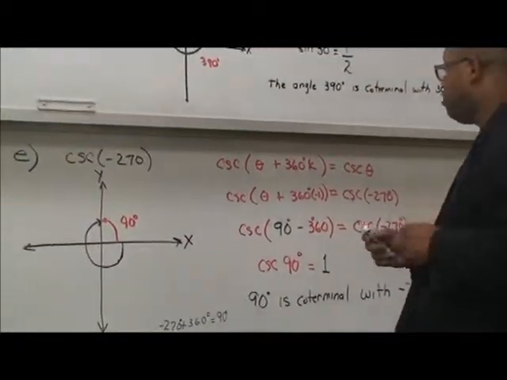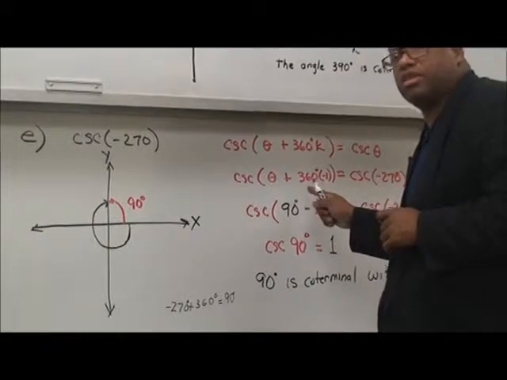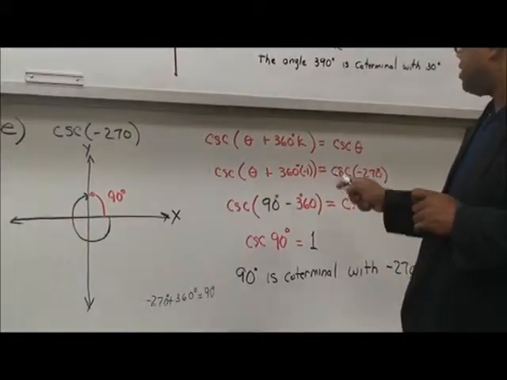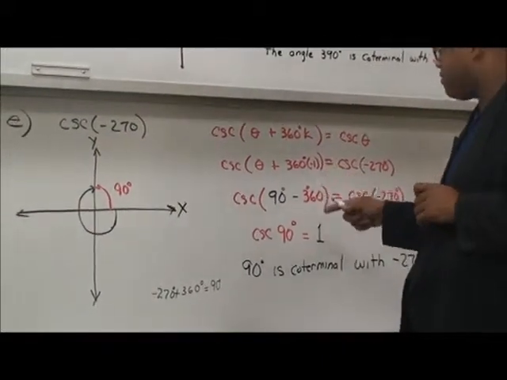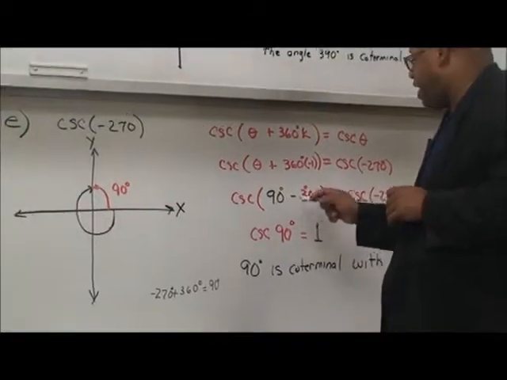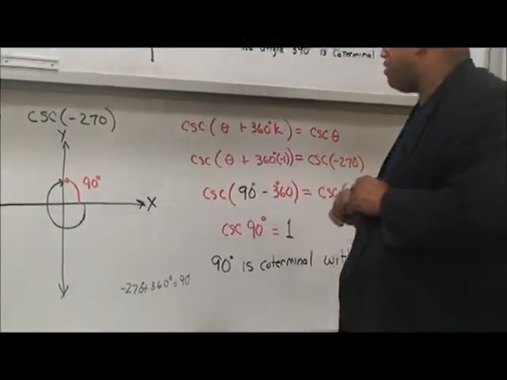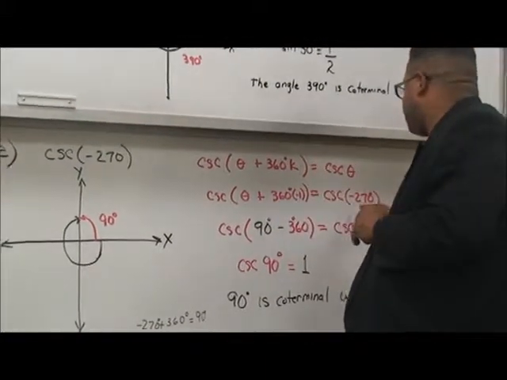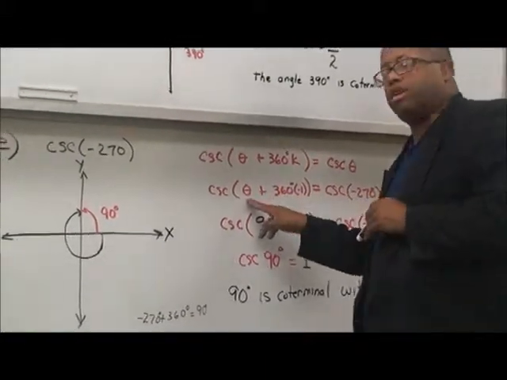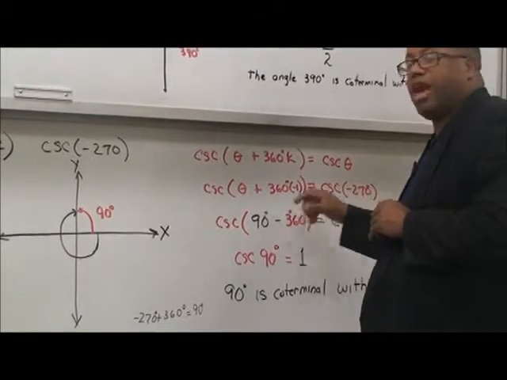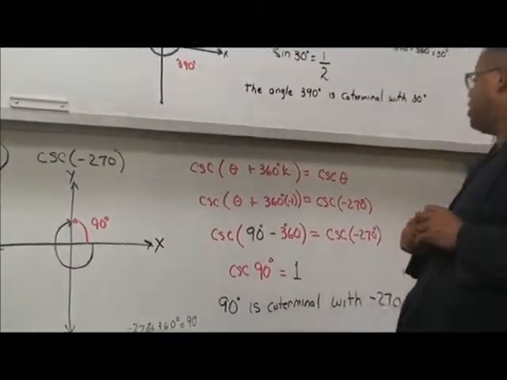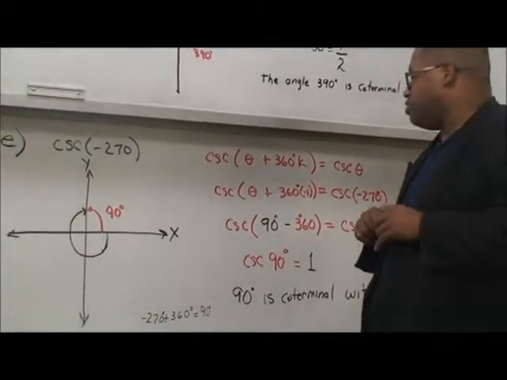When you plug in, 360 is already a part of the formula, times -1, which is k, you have that value. So what angle here, added to this, is going to give you cosecant of -270 degrees?